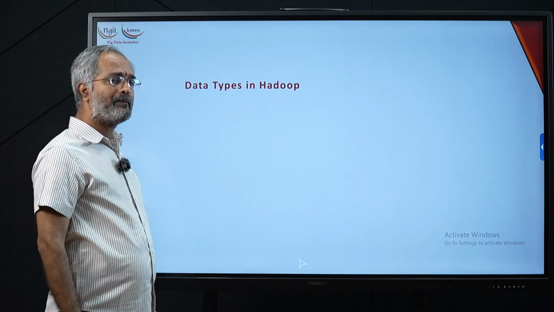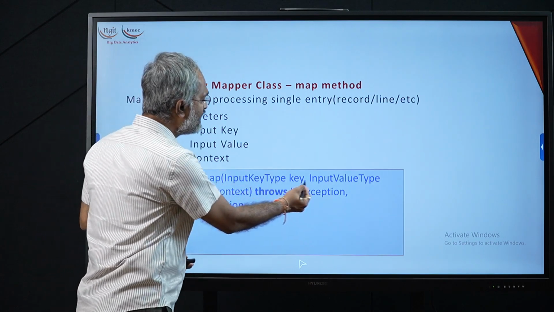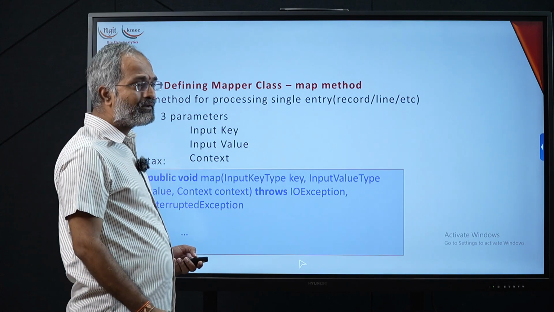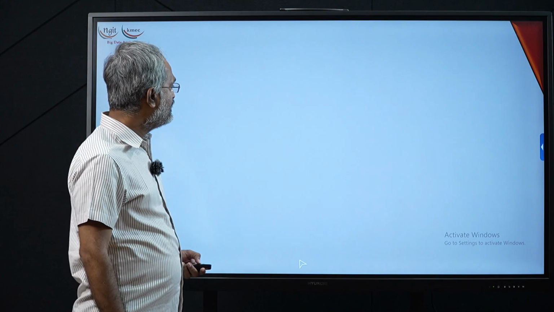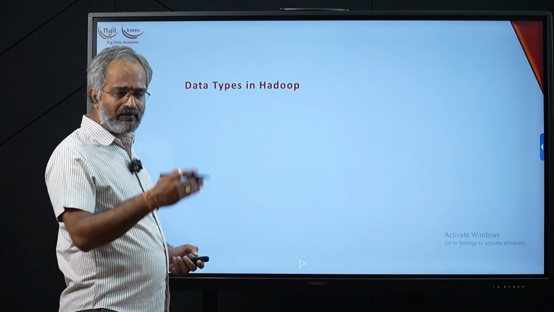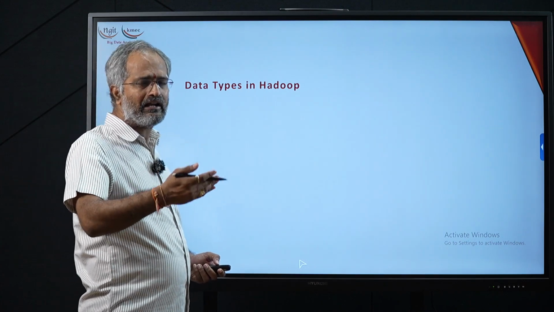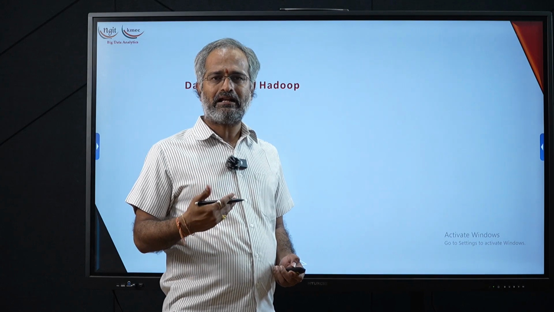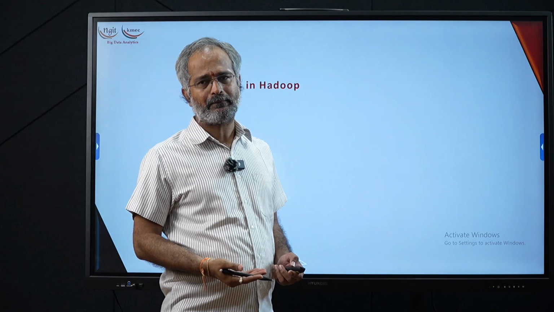And then data types in Hadoop. We discussed the input key type, input value type, output key type and output value type, but what are the data types available? That we have to mention clearly. It is not a regular Java program, it is a Hadoop program, meaning that we have to take the data from Hadoop, so there is a streaming concept available.